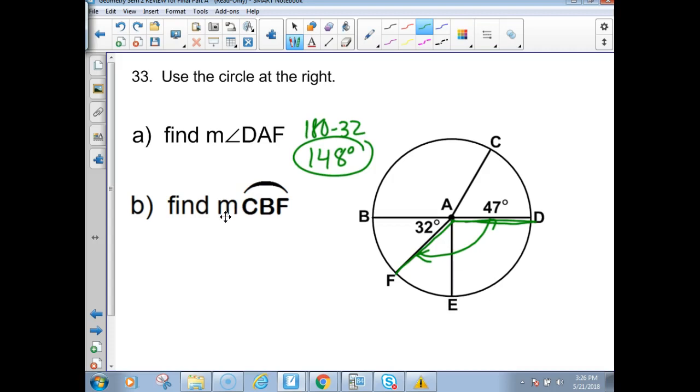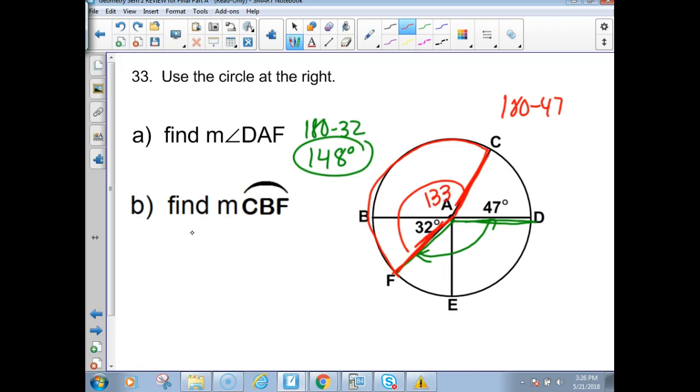Then it says, find the measure of arc CBF. C through B to F, that would be equal to the central angle CAF. I need to know this angle now. Well, this is 180, so I can find BAC by doing 180 minus 47, which is 133.